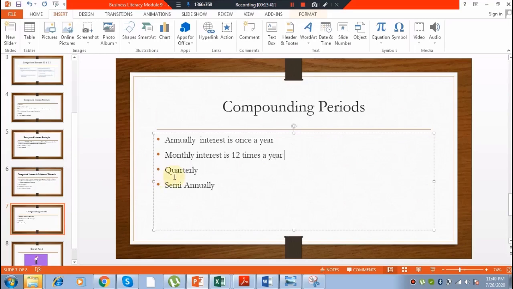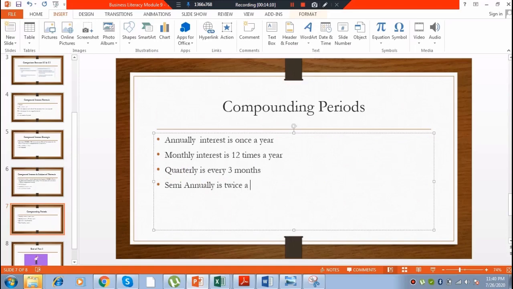And what does it mean when it says quarterly? Quarterly is every 3 months. Every 3 months we are getting our interest, and semi-annually is twice a year, or half-yearly.